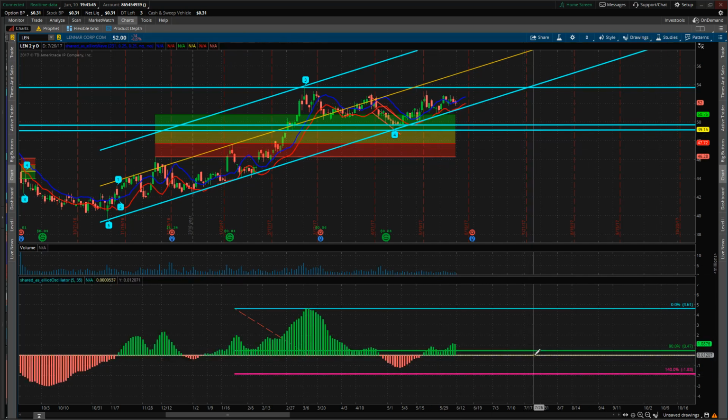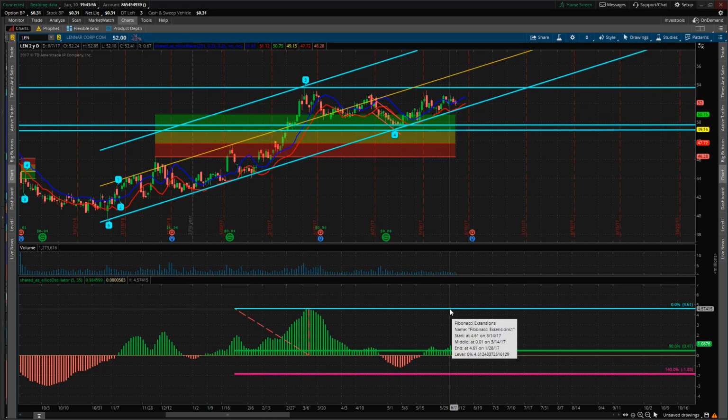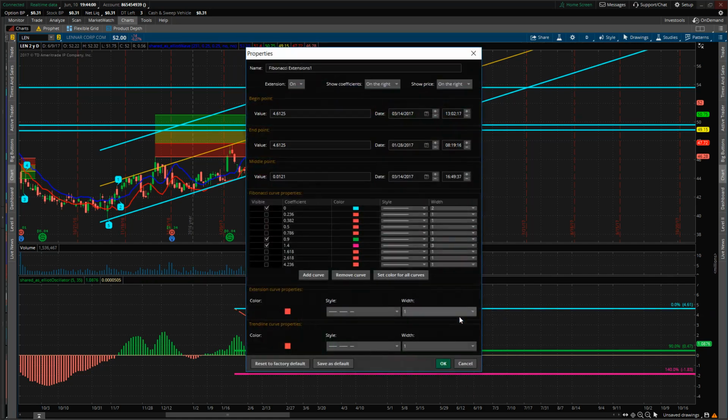Now, I've got this as my default. So to do that, just going to put this back onto the hand. You can right click on the fib extension here and you can edit properties. In here you can change the numbers as well, okay? You need 0.9 and 1.4, and you need the 0.